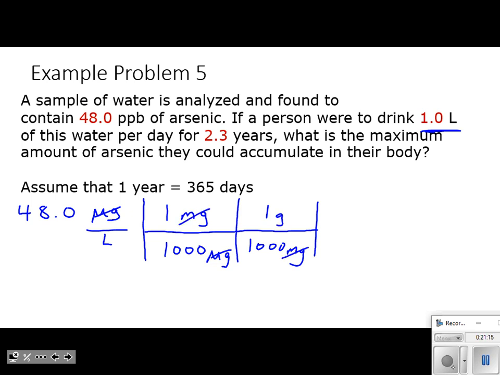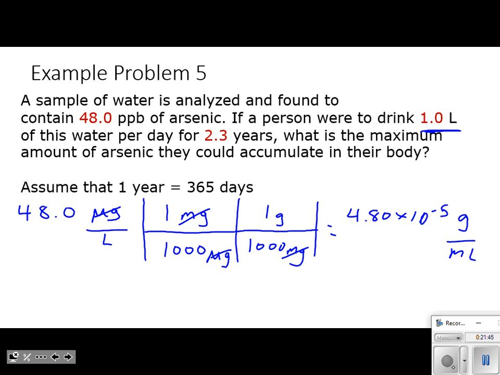So now I've converted this into grams per liter. I take my 48.0, divide it by 1,000, and divide it by 1,000 again to do my conversion, and that gives me 4.80 times 10 to the negative 5. My label is going to be grams per milliliter. So that's my concentration.